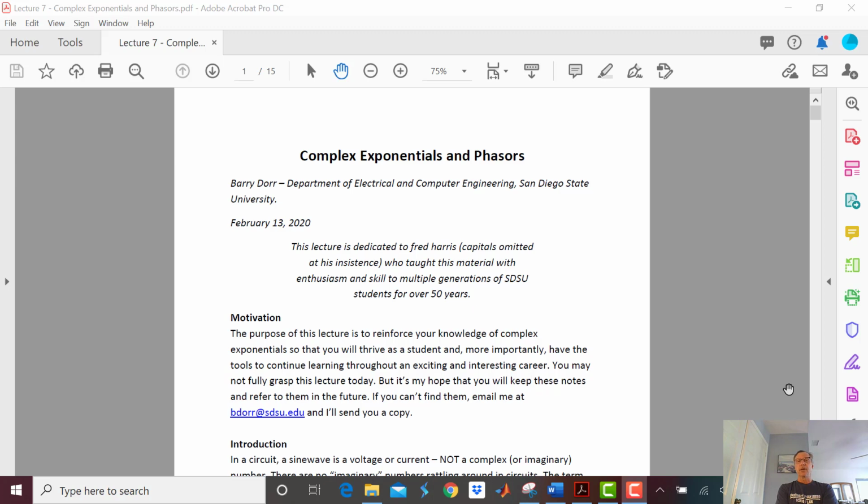It's common in textbooks and in articles to say the circuit is fed with complex exponential e to the j omega t. This frightens students and working engineers alike, and they just give up. And when they give up, that's when the learning stops, that's when the fun stops, and that's when careers stagnate.